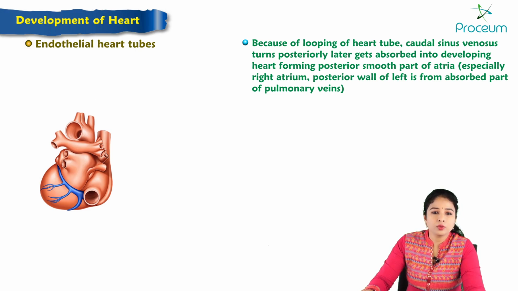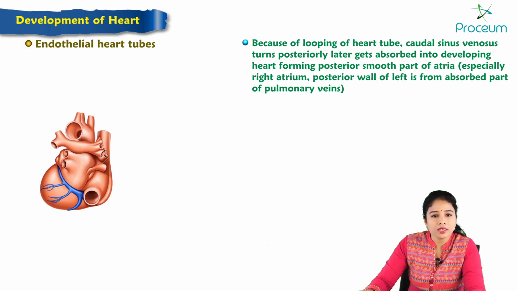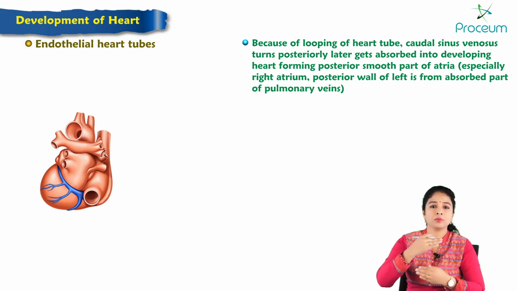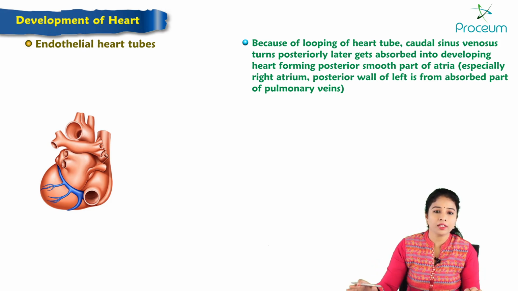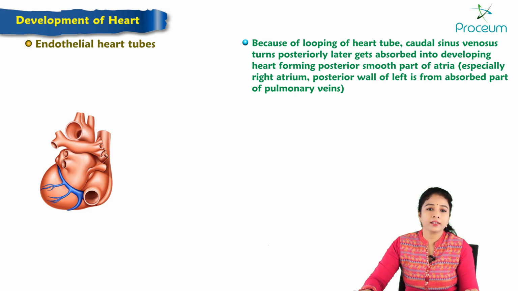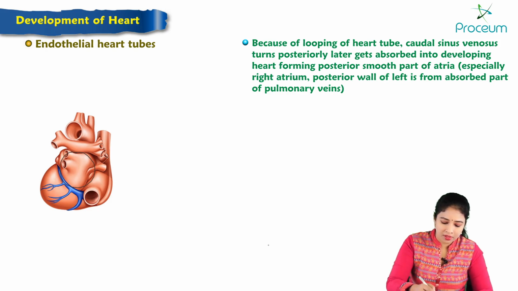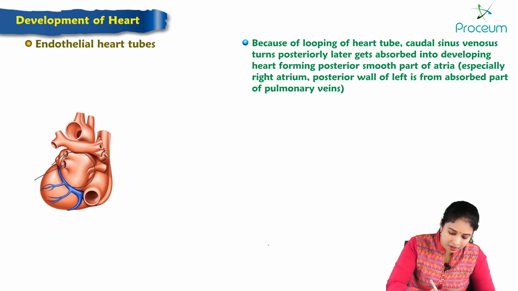Because of this looping of the heart, the caudal sinus venosus turns posteriorly and later gets absorbed into the developing heart, forming the posterior smooth part of the atria, especially the right atrium. The posterior wall of the left atrium is formed by the absorbed part of the pulmonary veins. You can see the posterior part of the left atrium where we can appreciate the pulmonary veins.